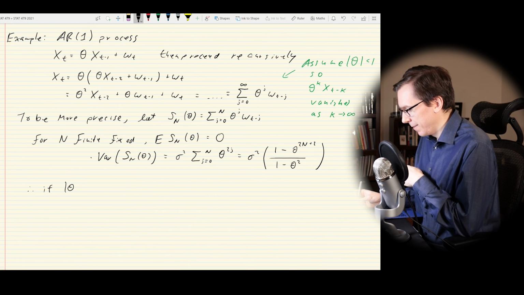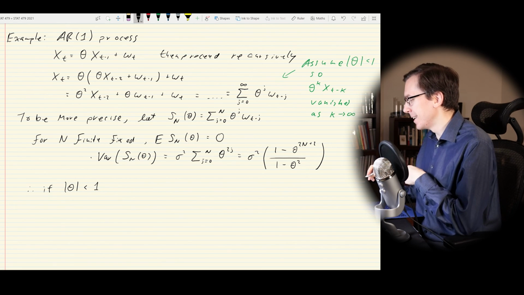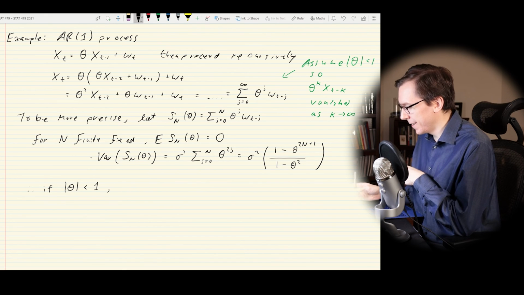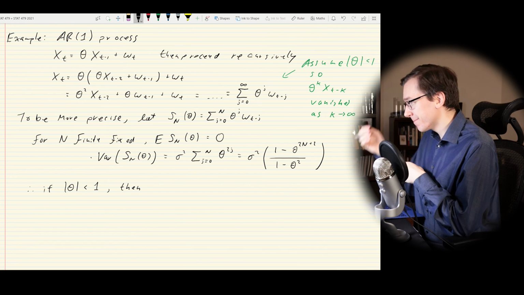So now, mathematically, we can note that, therefore, if the absolute value of theta is less than 1, as we assumed in that green box off to the top right here, then what happens?